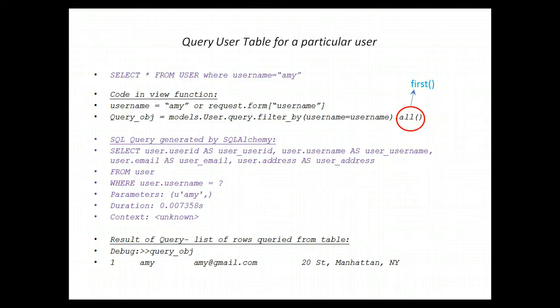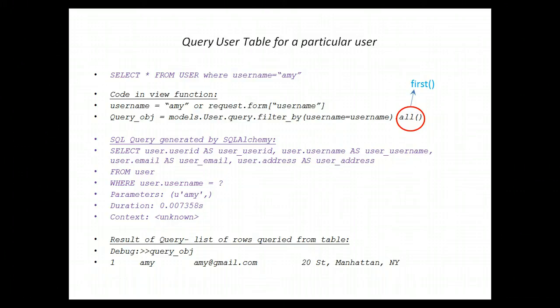And then you can see the actual SQL query that was generated by SQLAlchemy. And this is the result that is obtained, and it is populated in the query object attribute or variable.